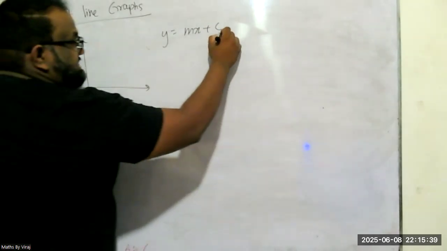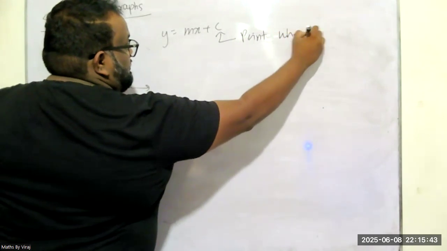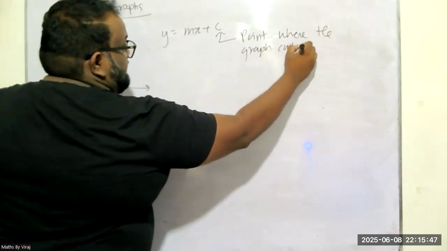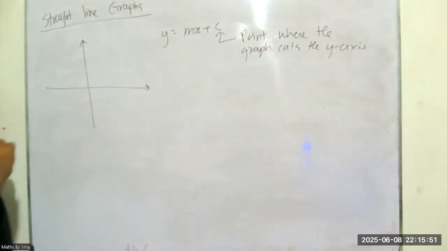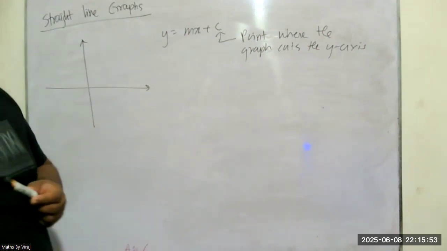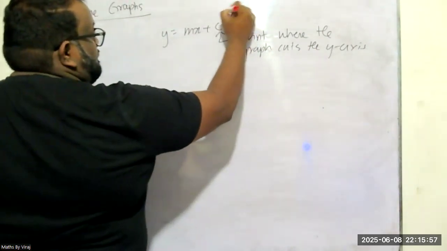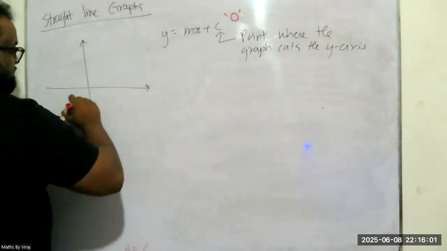The c is the point where the graph cuts the y-axis, correct? If we assume that the graph goes through the y-axis at 0, the graph would definitely look something like this, isn't it?